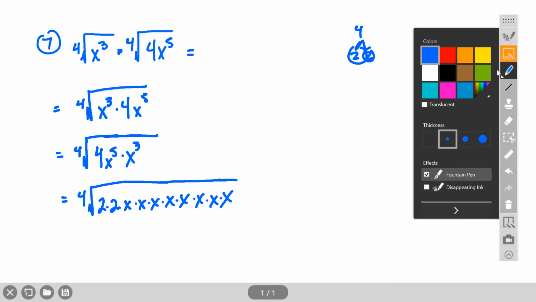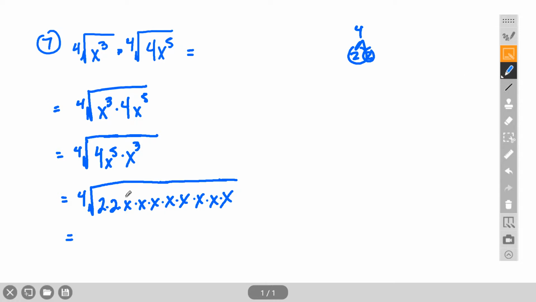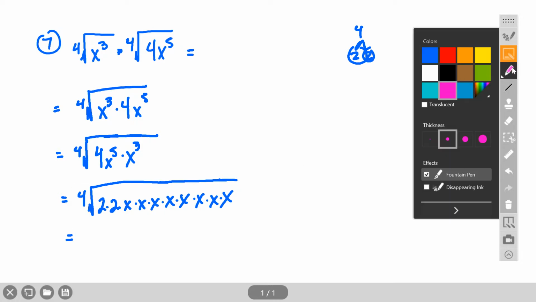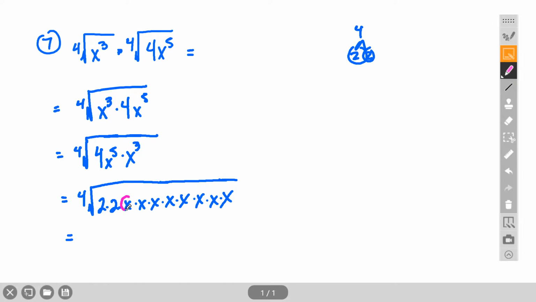Now, the index here is 4 because it's a fourth root, so I'm taking out groups of size 4. There's one group of size 4, so I can bring out an x. And there's another group of size 4, so I can bring out another x. And then under the radical, I still have the fourth root of 2 times 2.